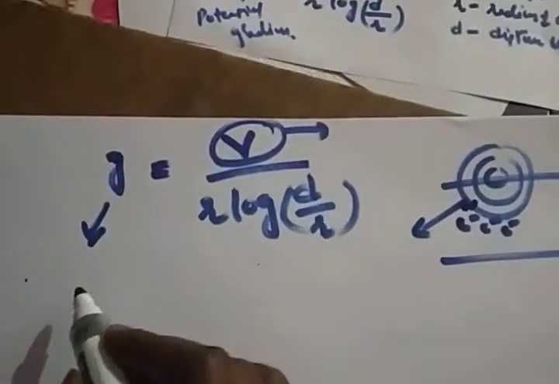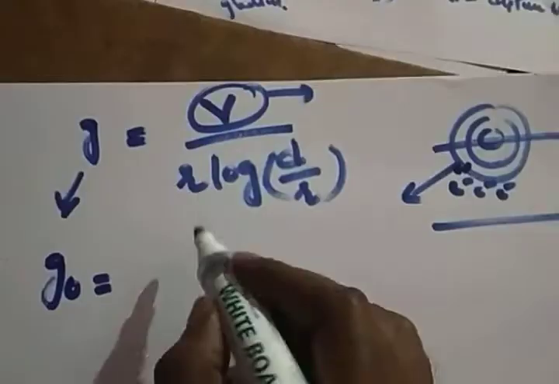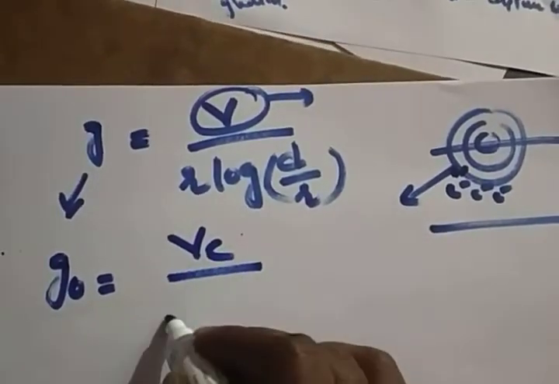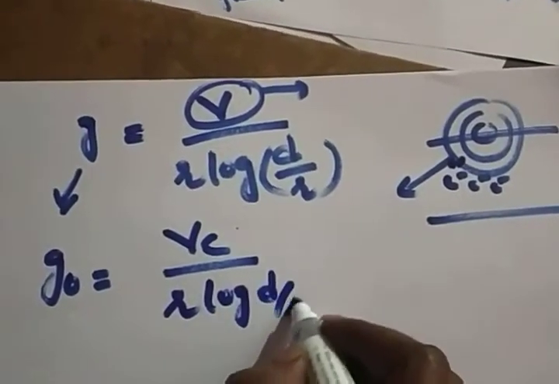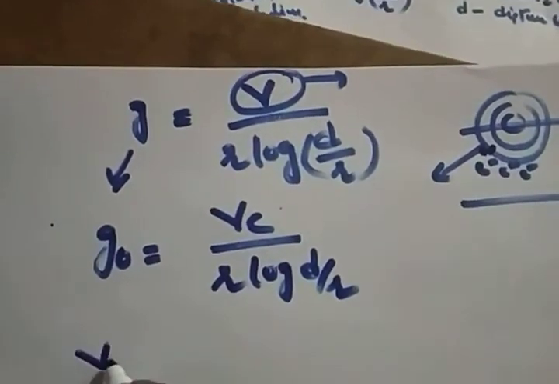That gradient we denote by g naught. So the critical disruptive voltage VC is equal to g naught r log d by r.